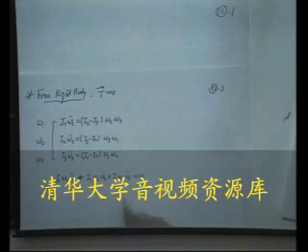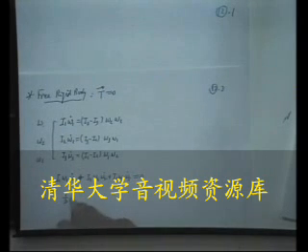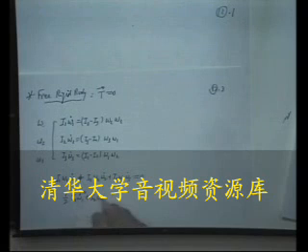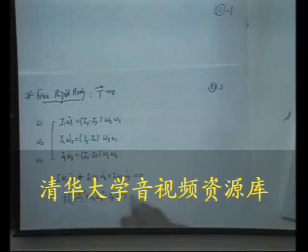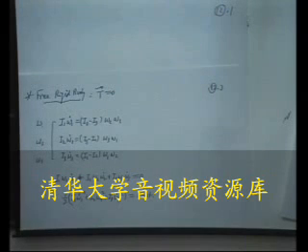And this I can integrate, so therefore I get 1/2 of I1 omega 1 squared plus I2 omega 2 squared plus I3 omega 3 squared is equal to a constant. That actually is the conservation of energy.